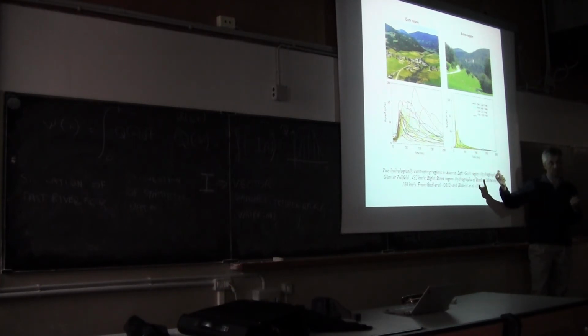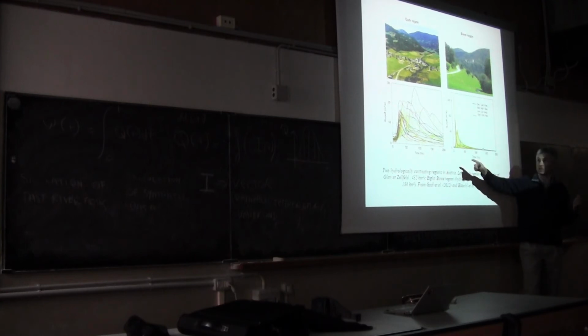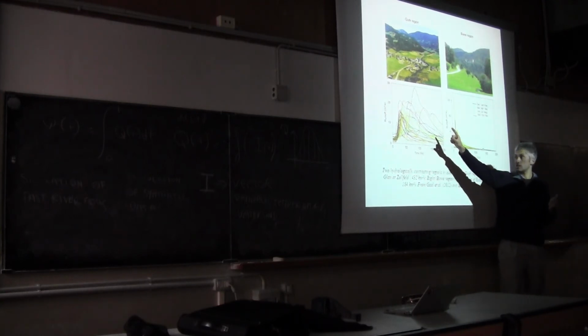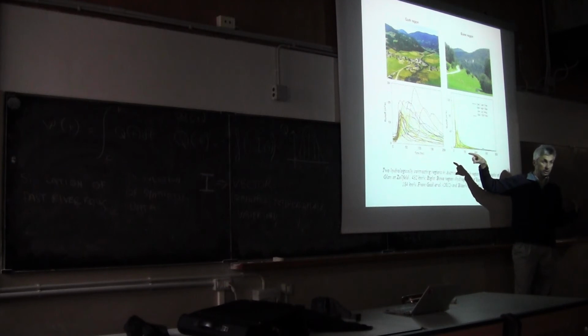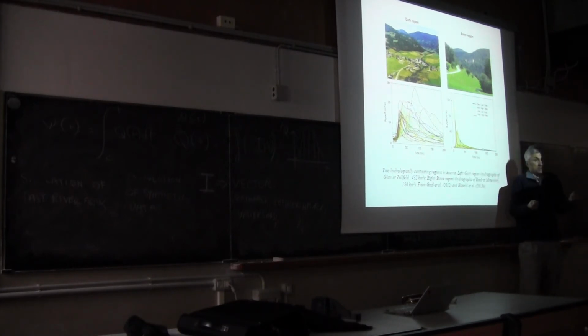What is the difference? The difference is that this catchment stored water. This catchment did not. You see, in this catchment the hydrograph lasts for a much longer time. In this catchment the hydrograph finishes soon. Why? Because this catchment stored the water. So if the catchment keeps the water, then of course the hydrograph continues for a longer time, because it takes a longer time for the catchment to release the water.